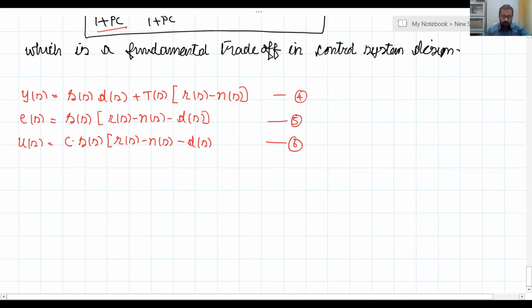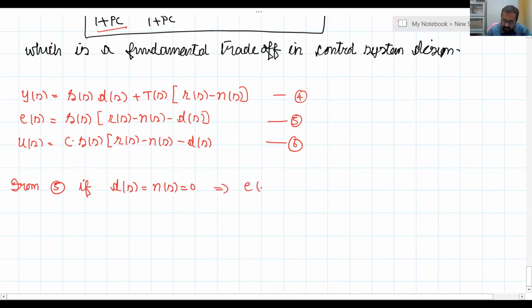Now, consider equation 5. What does equation 5 represent? It represents the tracking error signal. From 5, suppose disturbance and noise are 0. What will you get?